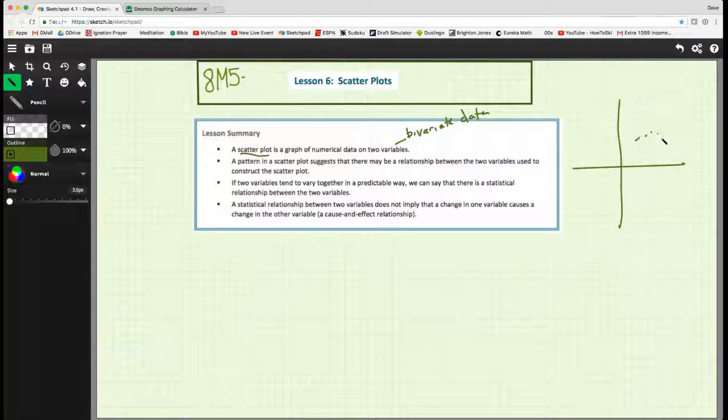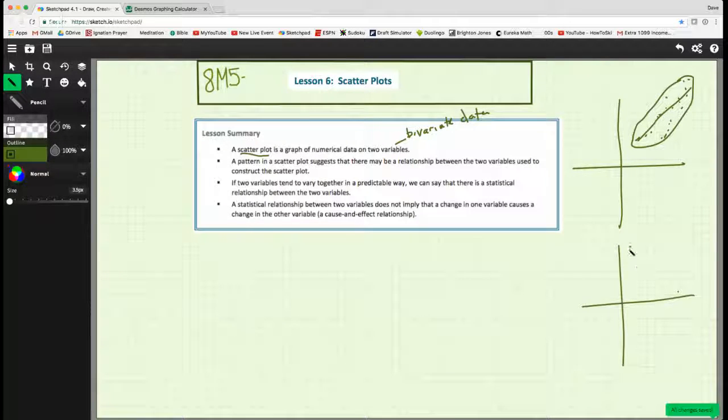If we have some points that tend to go up, we can draw a circle around them and kind of see that they go up, or we may have data that tends to go down as we get higher. These would be statistical relationships.